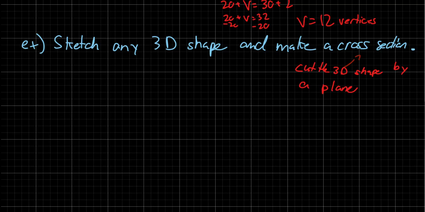Like so. If I cut it up and down, going this way, and then I opened it up, what shape would I have? Rectangle. So something like this. A rectangle inside. It would be even.